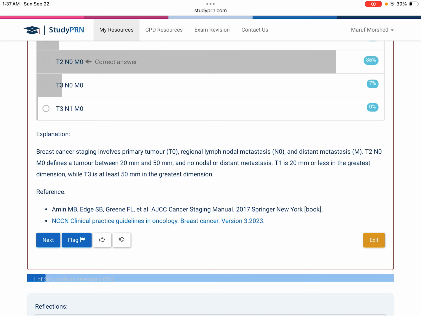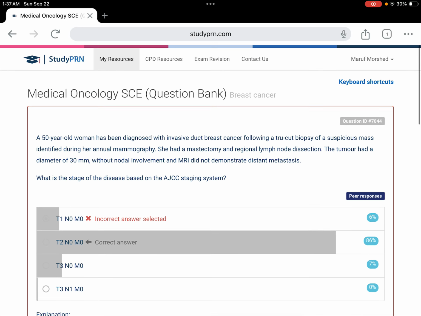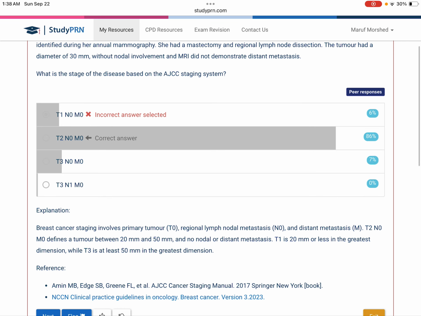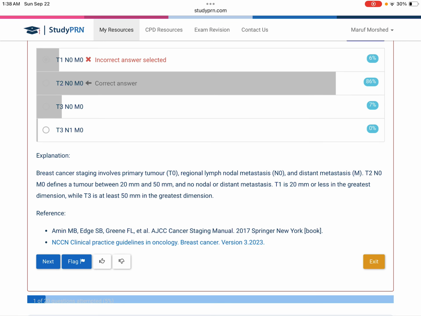So if I got this wrong, I can go through the NCCN guideline. I have a few questions like this where they give references from ESMO, and a few from NICE, but another MRCP examiner from Pakistan said that the NICE guideline could be the perfect guideline for this MRCP exam. But in this Study PRN, they give references from NCCN and ESMO.